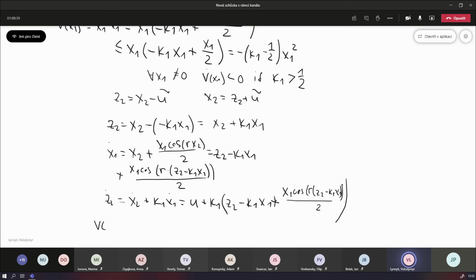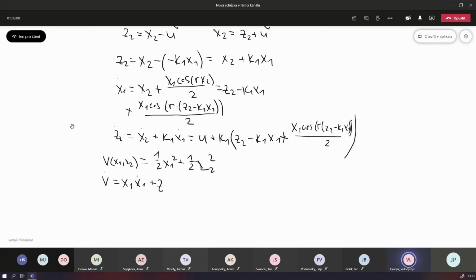And now we design the control, the Lyapunov function V from x1 z2 equal to 1/2 x1 squared plus 1/2 z2 squared, and V dot equal to x1 x1 dot plus z2 z2 dot.